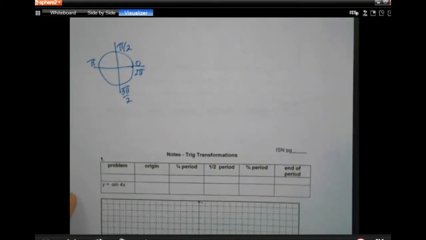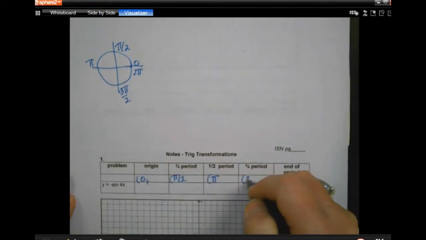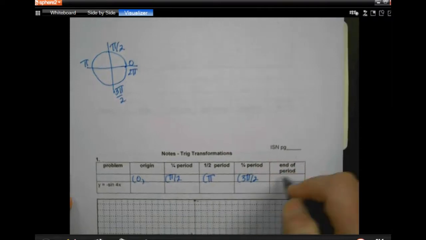So the first thing you're going to do every time, are you listening? The first thing you're going to do every time is in the top part right here, you're going to write down the quadrantals in the x: 0, pi over 2, pi, 3 pi over 2, and 2 pi.